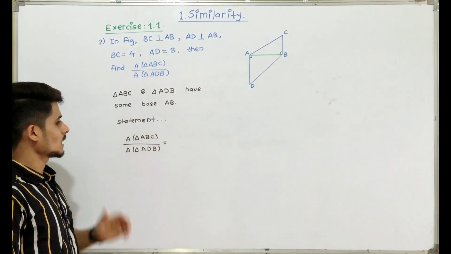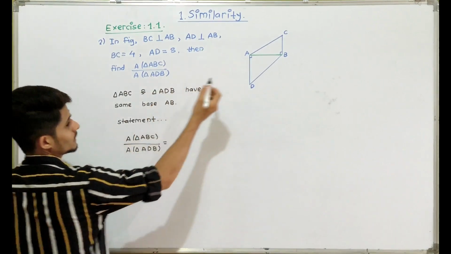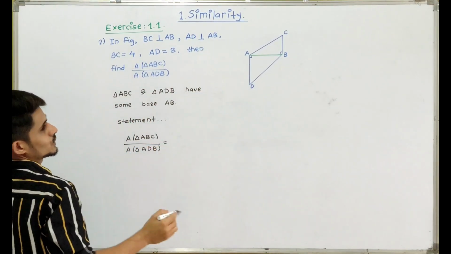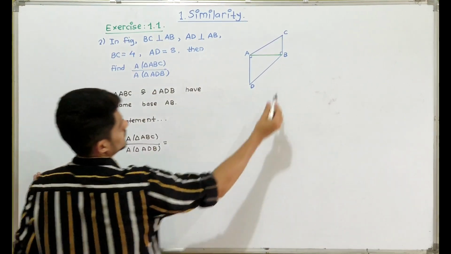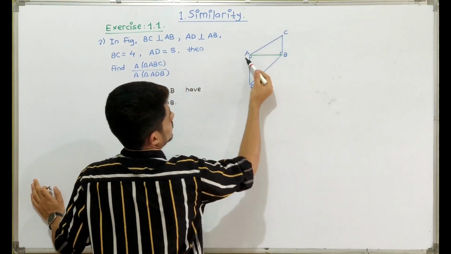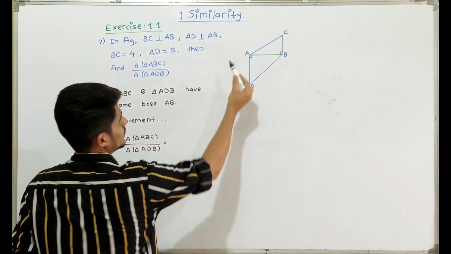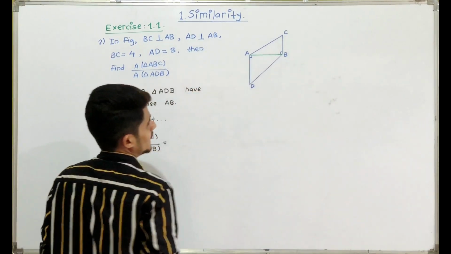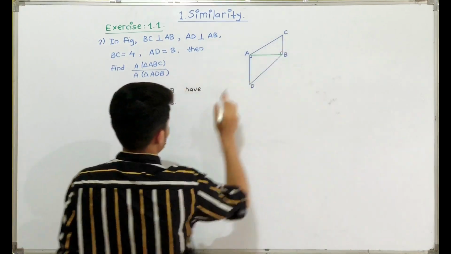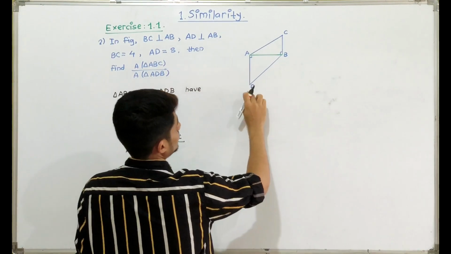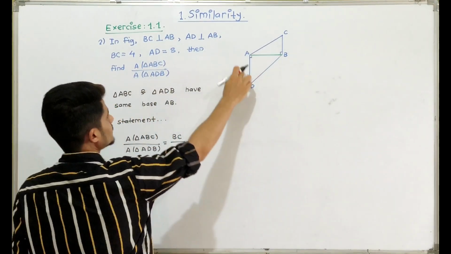In triangle ABC, the height is BC, and similarly in triangle ADB, the height is AD.